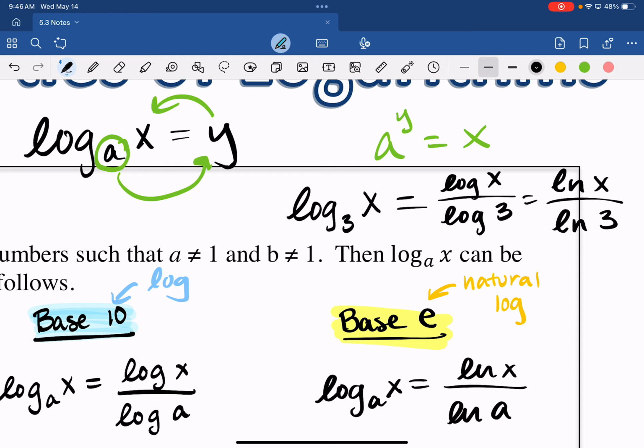The key is we change both our numerator and denominator logs. They have to be the same. So we either change them both to log base 10 or we change them both to natural log. Our x goes up top. Our y goes in the bottom. Not our y, our base goes in the bottom.